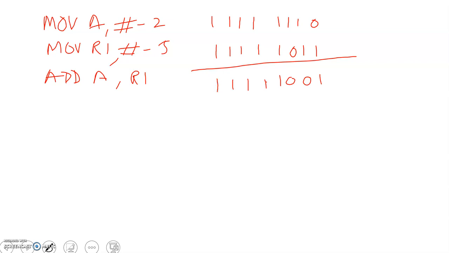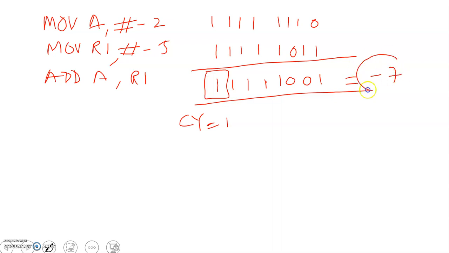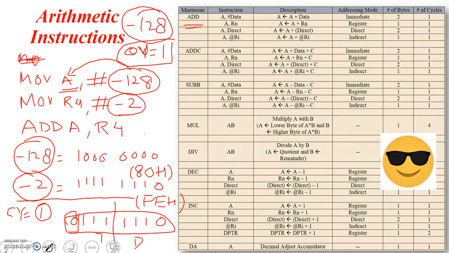Okay, so carry flag CY is equal to 1. So what is this number? This is a signed number, so this is equal to -7. So please remember this is in decimal. In the previous slide also I took these two numbers, they are in decimal.